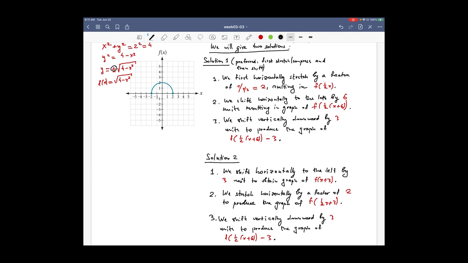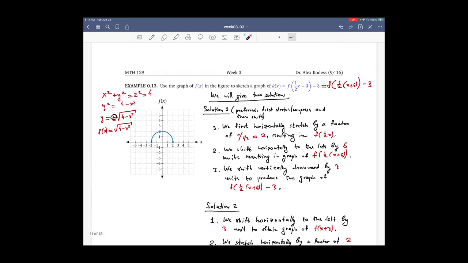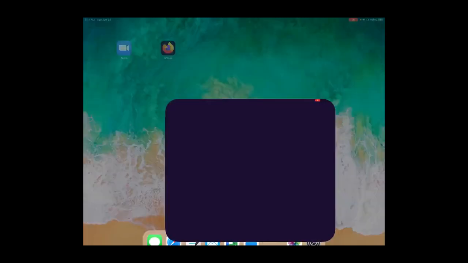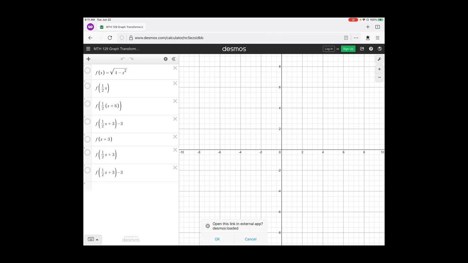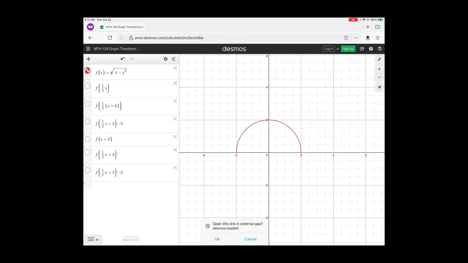So let us see how both solutions work step by step on Desmos. Again, for that purpose, we will assume that we know, even though we don't, that the curve in the picture is the graph of the square root of 4 minus x squared. So here we are in Desmos, and here is the graph that we begin with.